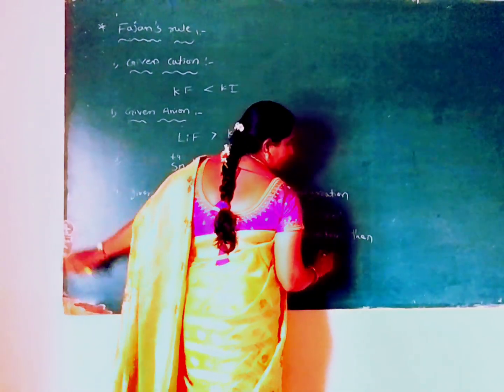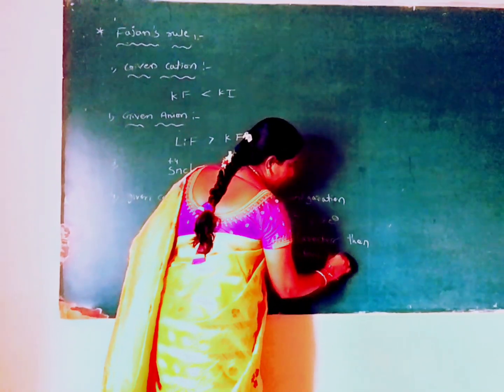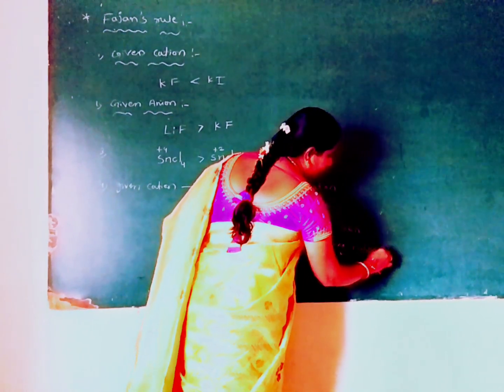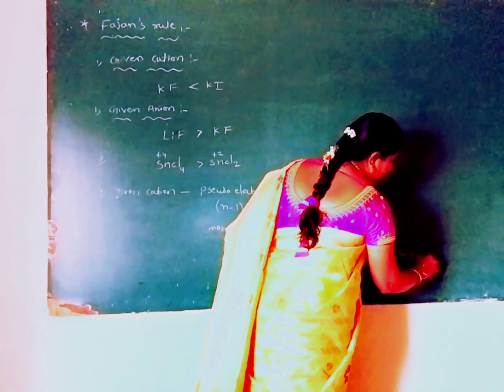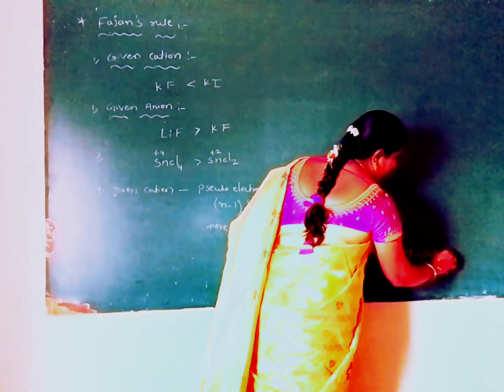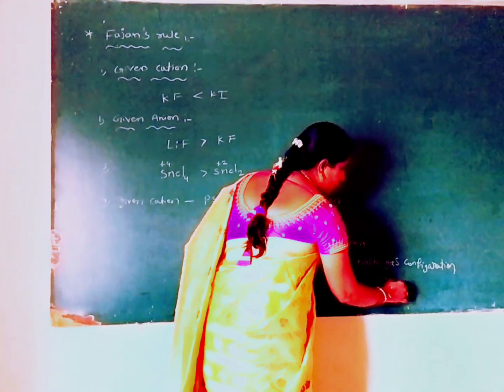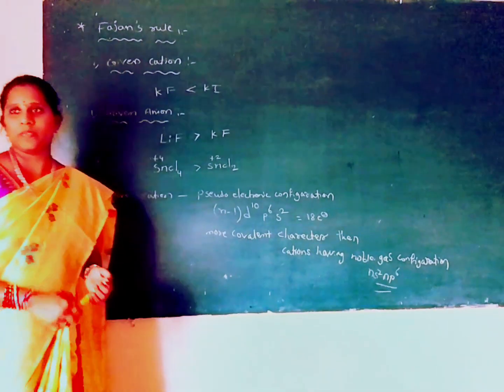Cations having a noble gas configuration, that is ns2 np6, have less. So these are Fajans' rules.